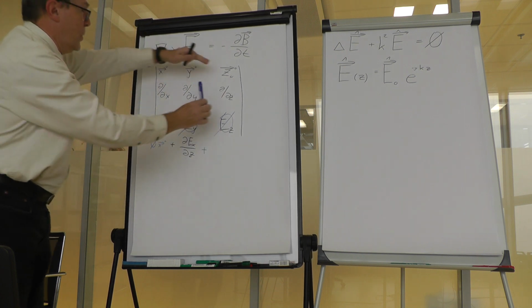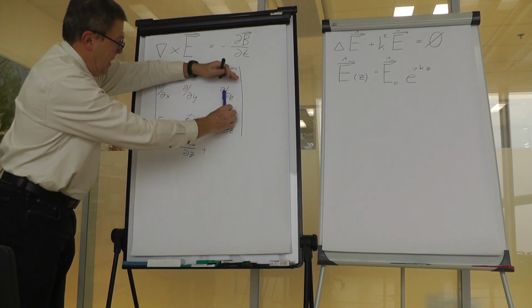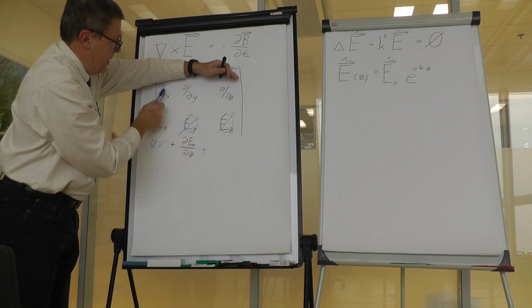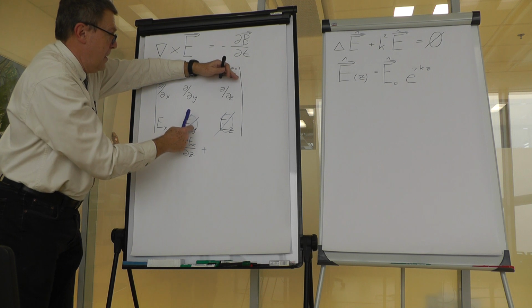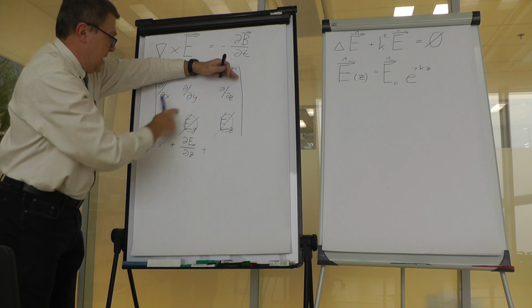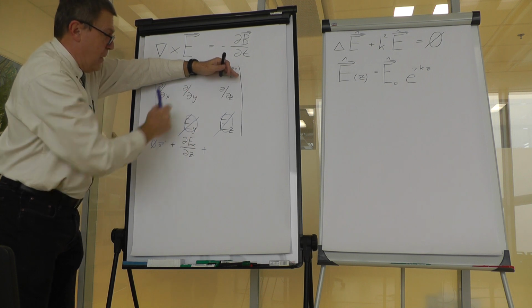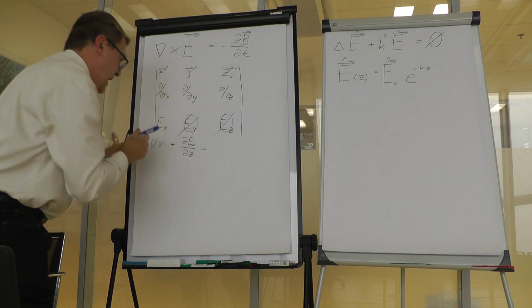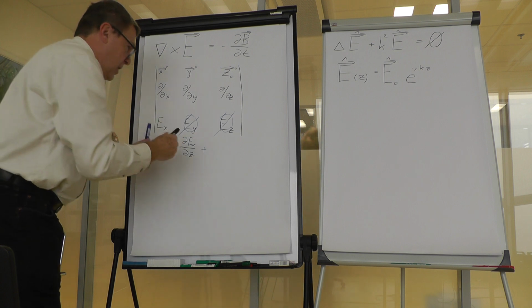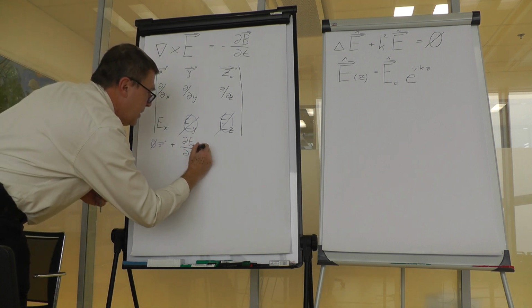And what we can have here is a derivative of 0 against x, which is 0, plus a derivative of Ex against y. Okay, so we would have, sorry, I have to put there also the direction.